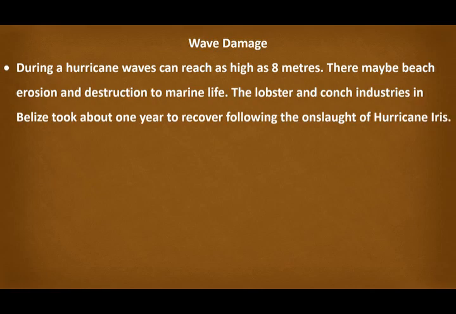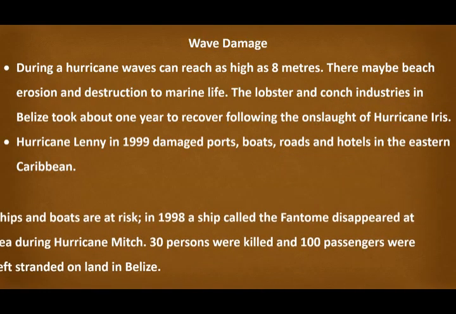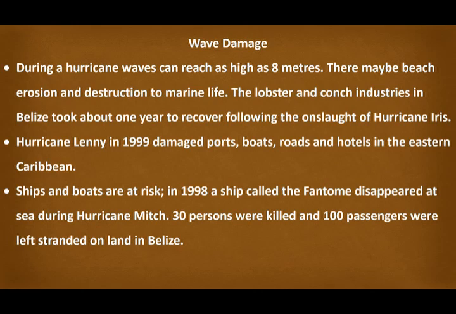This may also lead to beach erosion and can also affect local industries like conch or lobster. Oftentimes, boats and other marine vessels have gone missing in hurricanes due to strong waves.